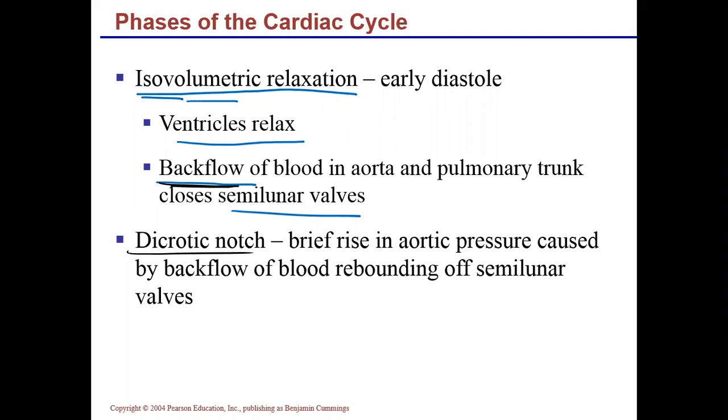Now, let's go ahead and take a look at the dub sound. The dub sound, or the second sound, is occurring right in the vicinity of the T wave, because as they are relaxing, a backflow is occurring, and that's where the SL valve is closing.